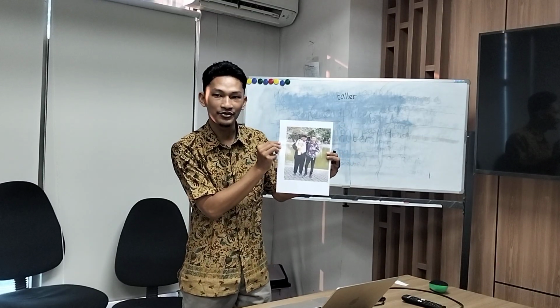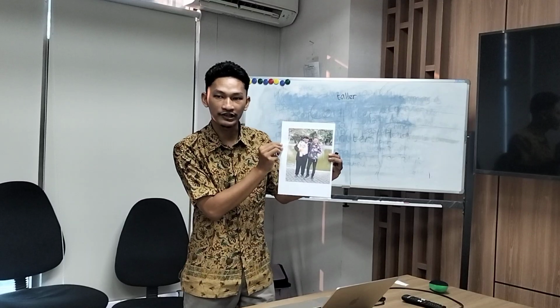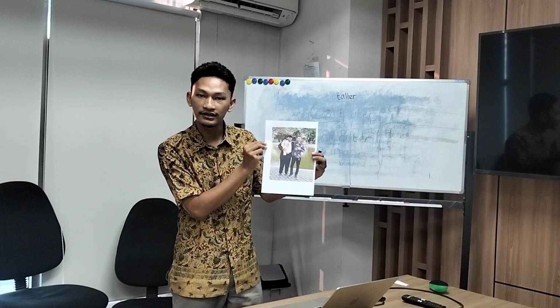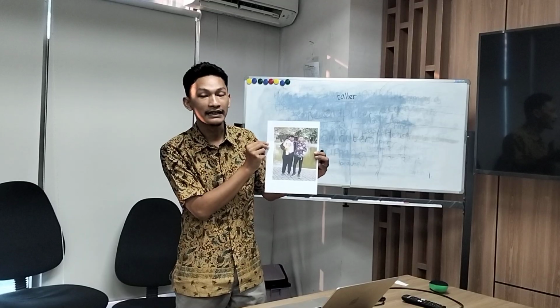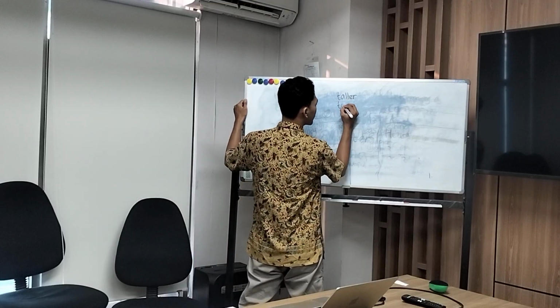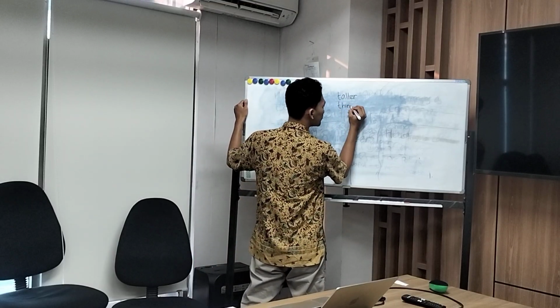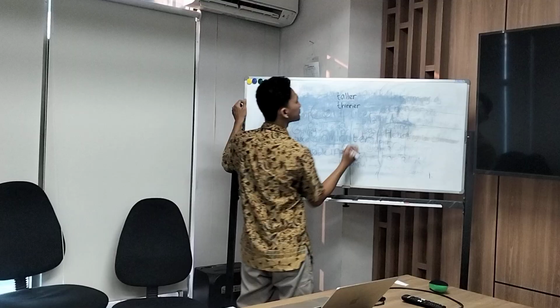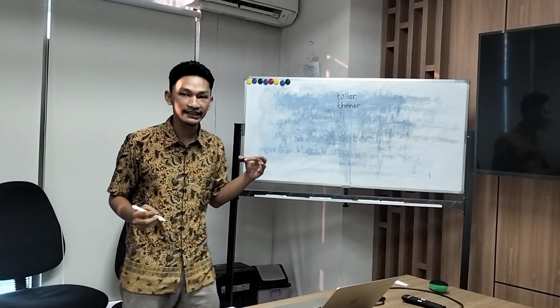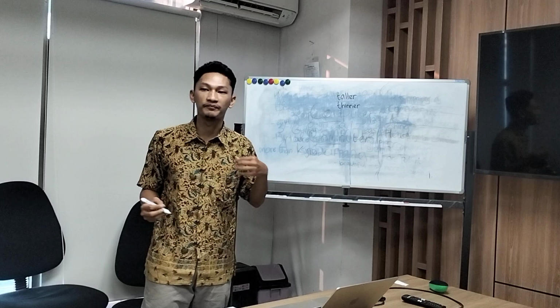Can you notice the difference between me and my best friend? Yes, I am skinnier. It means that I'm thinner than my best friend. My body is thinner than my best friend.